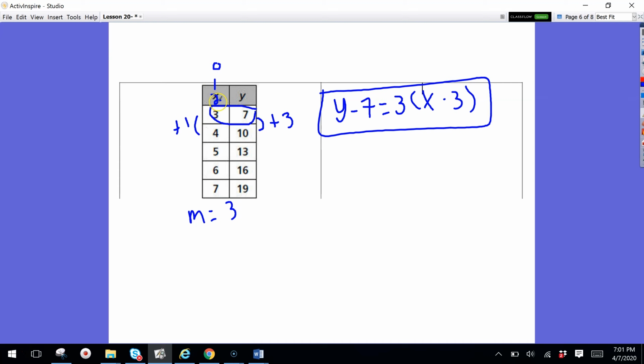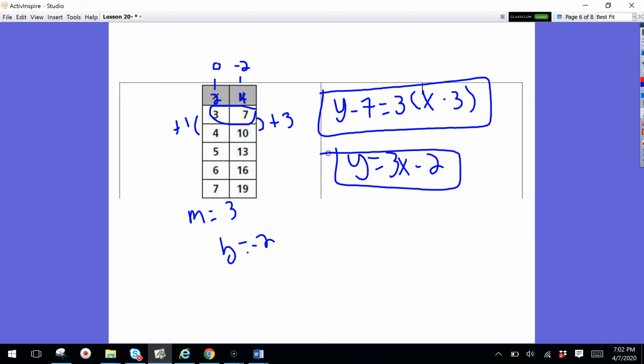That was easy, but for y I would have to keep subtracting 3 and go backwards that way. So 7 minus 3 would be 4. 4 minus 3 would be 1. And 1 minus 3 would be negative 2. So there you go, I got my y-intercept. My y-intercept is negative 2. And so I can also write that the equation of this line is y equals 3x minus 2.